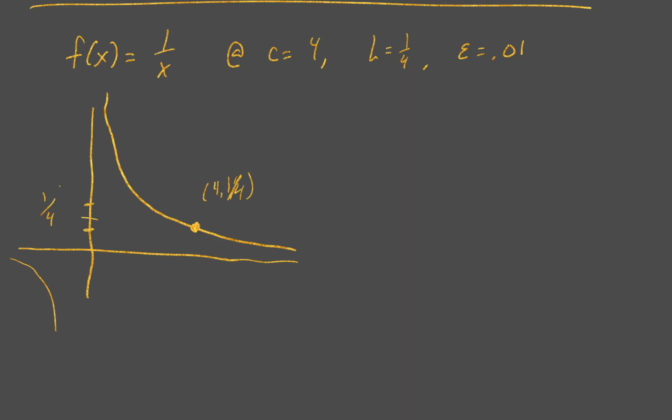So this is 0.26, right? A quarter is 0.25, so this is 0.26, and this is 0.24. And we try and find this point, and we're going to try and find this point.